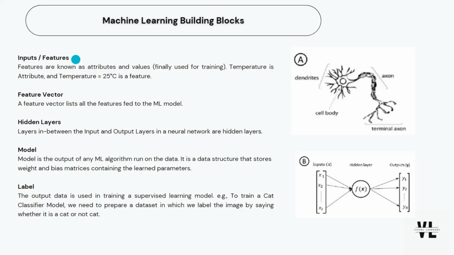So the first thing is inputs or features. Inputs or features are known as attributes and values finally used for training. For example, temperature can be an attribute, and temperature equal to 25 degrees Celsius is a feature. The first thing that we need when we try to build a machine learning model is the input.